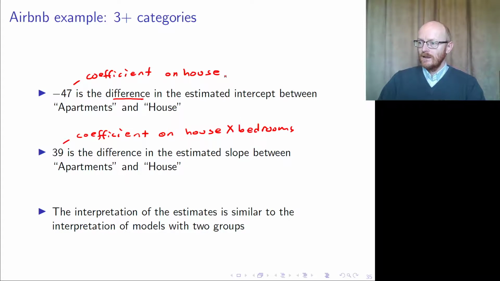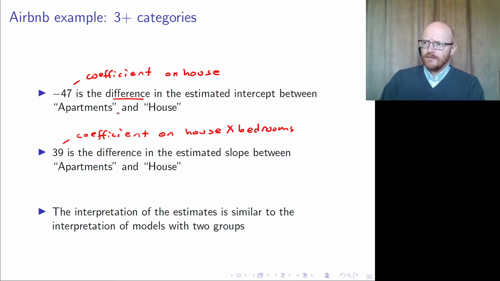Okay, so the interpretation of the estimates is similar to the interpretation of models with 2 groups, as you remember, with hosts and superhosts.